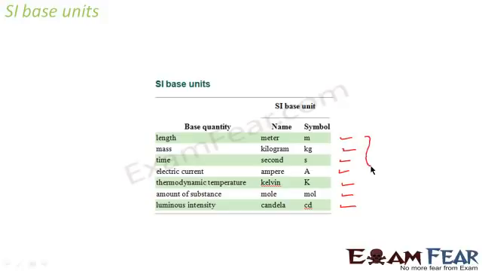Now, other than these units, any other unit that comes to your mind is derived from these units. So have a clear look at the 7 base units so that you remember them properly, because they will be used later in many of our calculations.